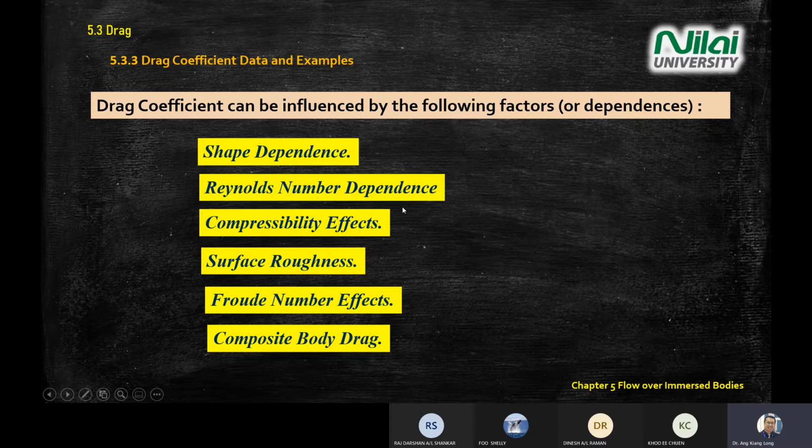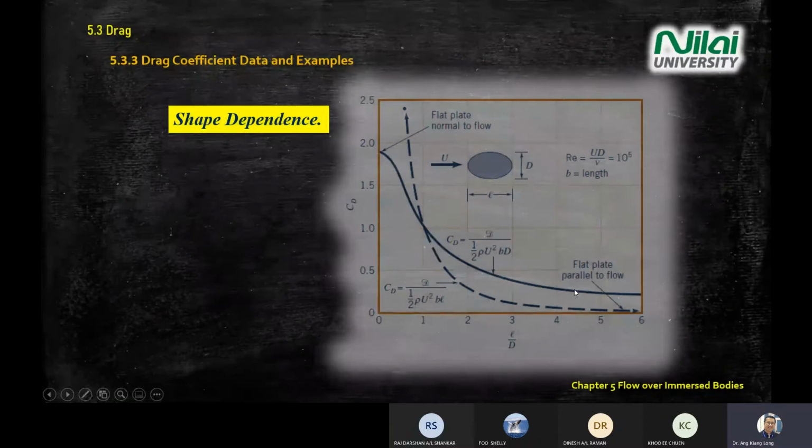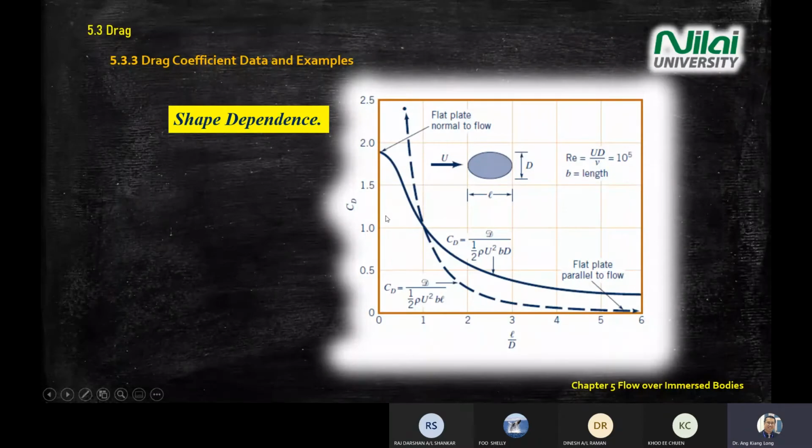Okay. All right. Now the first one, the shape dependence, the first factor. You look at the graph here, CD over L over D. Do you know how to read this graph? We have an ellipse object with the L and D. So what happens if we increase the L over D?